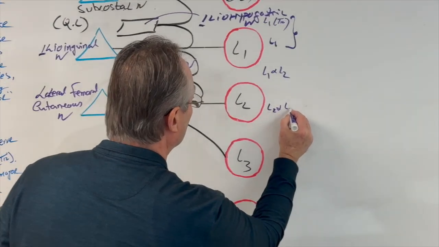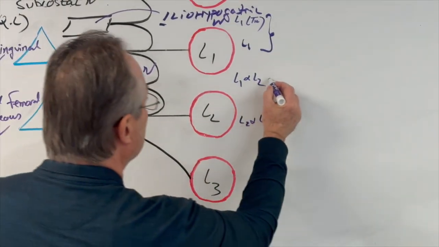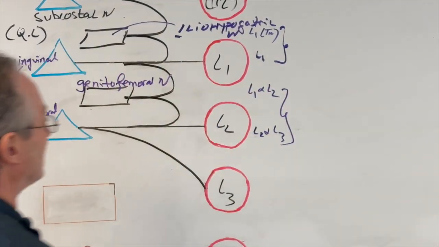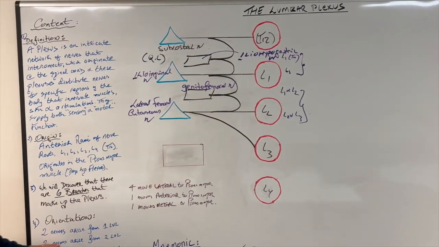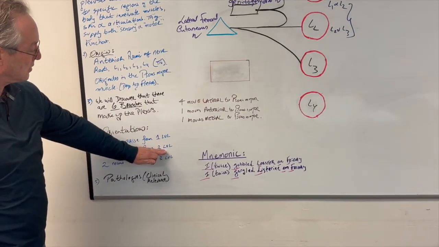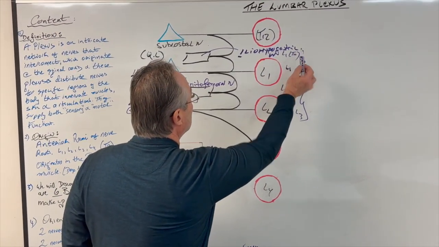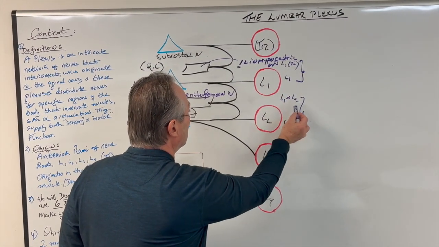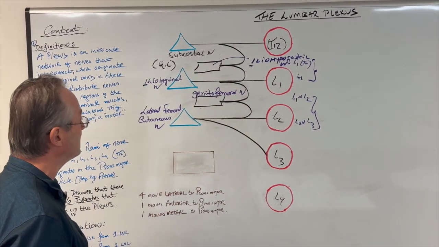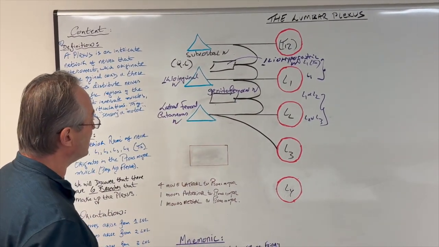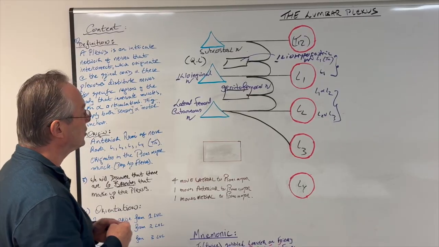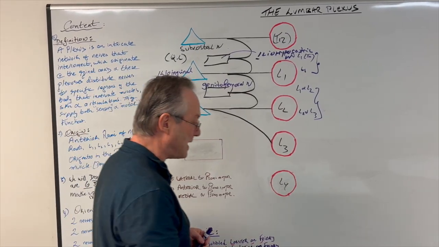L2 and L3. So now we have two nerves arising from two lumbar vertebral levels. The first one's L1 and a branch of T12, then L1, L2, then L2, L3, lateral femoral cutaneous nerve. Okay, what do we have remaining?